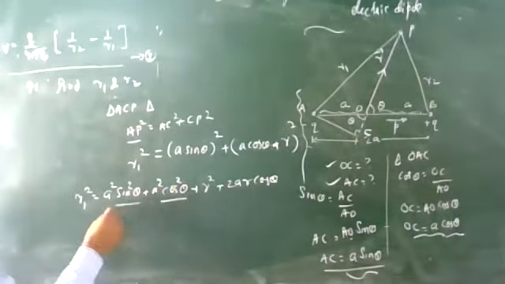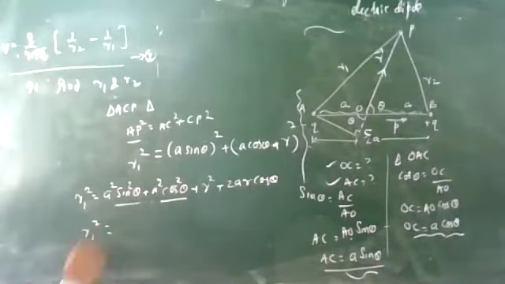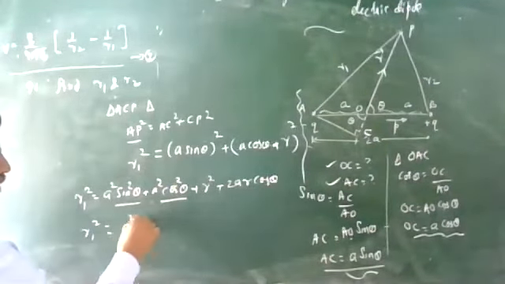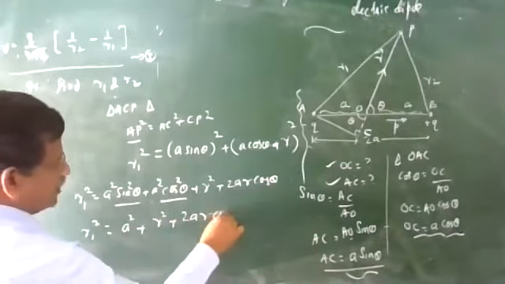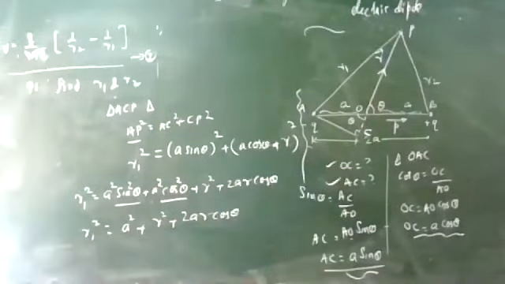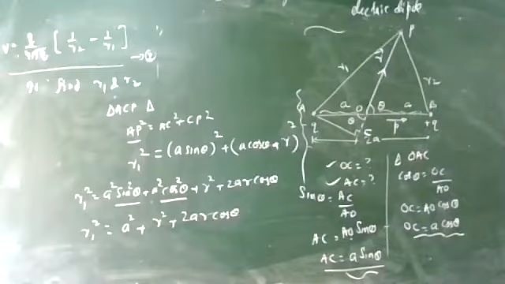a square cos square theta plus a square sin square theta gives a square. So you are getting R1 square equal to a square plus R square plus 2aR cos theta. Some terms can be taken outside, so we take R square outside.